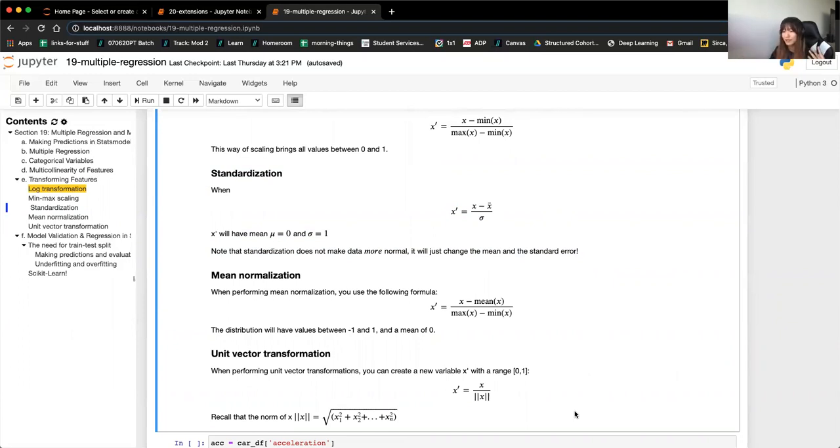Sometimes if you find that all your independent variables have very different ranges and scales of values, some people like to use standardization because it makes all your coefficients on the same scale. Whether that makes sense for your data really depends on your data set and your context. But this is all the scaling that is available.